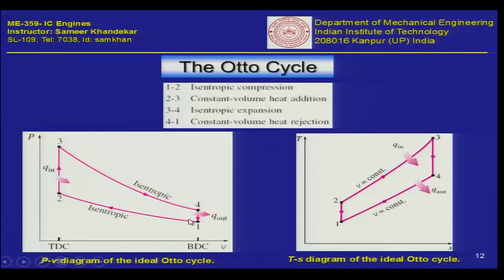Now, let us go through the process. You have the BDC, that is the bottom dead center of the piston. The piston starts from this position. We can begin the cycle actually. From 1 to 2, we have an isentropic process, that is a reversible adiabatic process, and the entropy remains constant, and you are compressing the charge, or compressing the air.